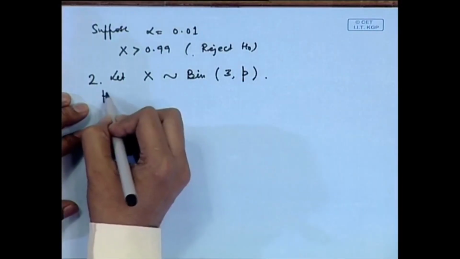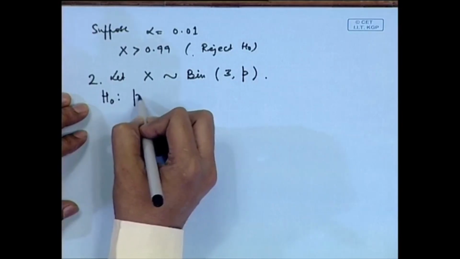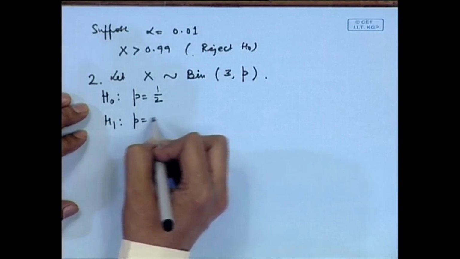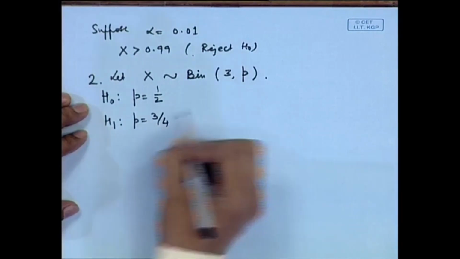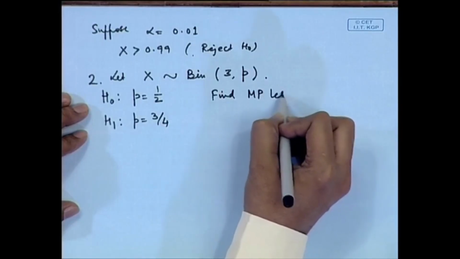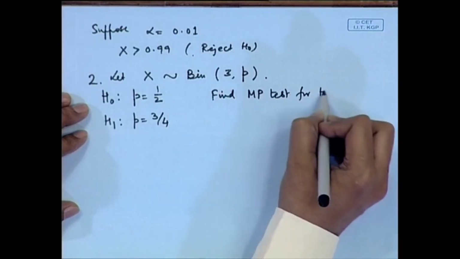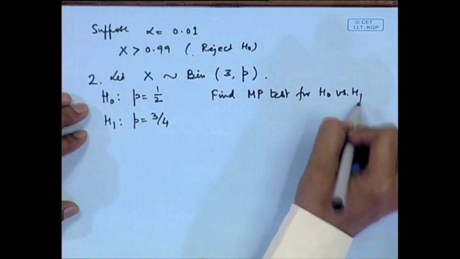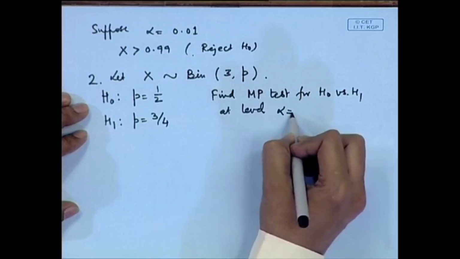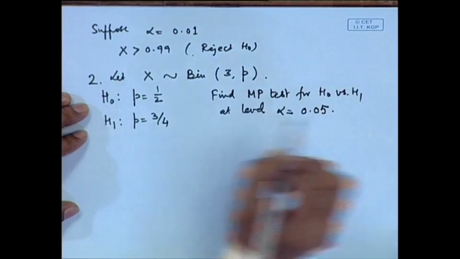We want to test H naught: p is equal to half against H 1: p is equal to 3 by 4. Find the most powerful test for H naught against H 1 at level alpha equal to 0.05.